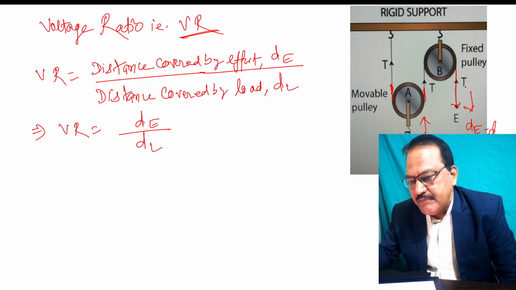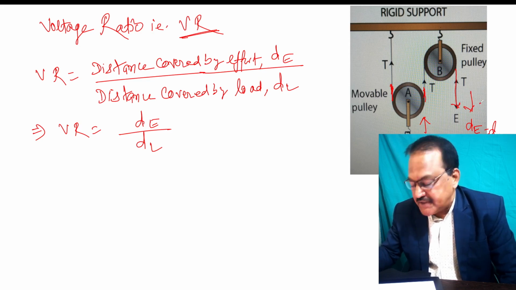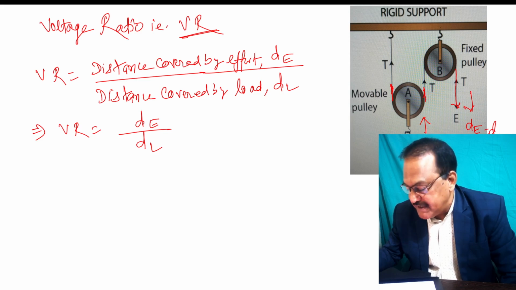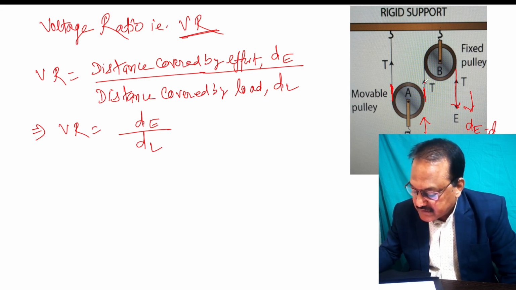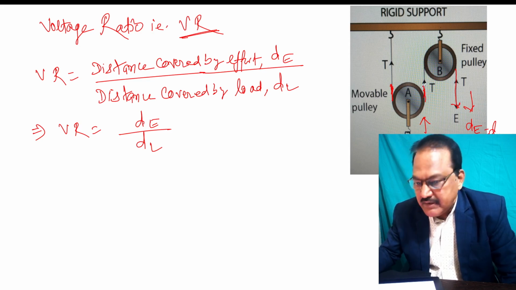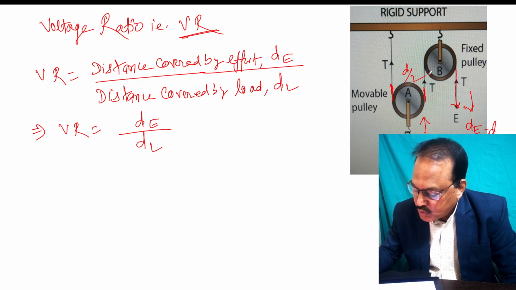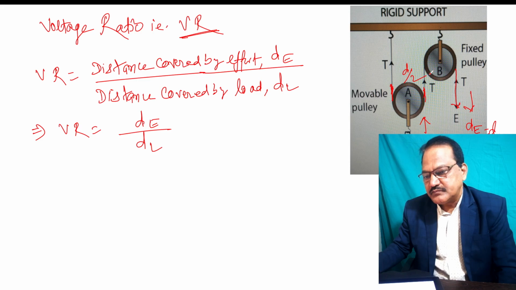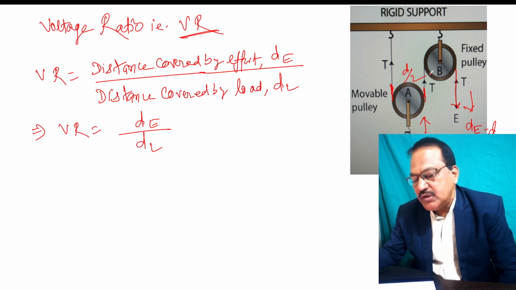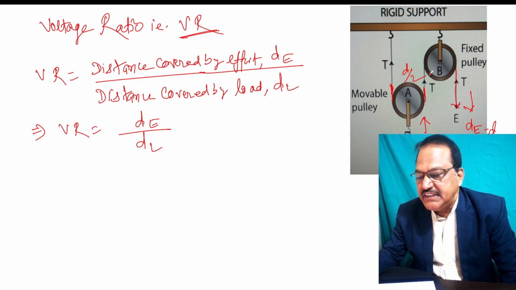So here we have assumed the distance covered by this effort is d. It means the load will go up just half of it, that is d by 2. This is the relation between the two: when effort goes down by distance d, the load will go just half of it, that is d by 2.